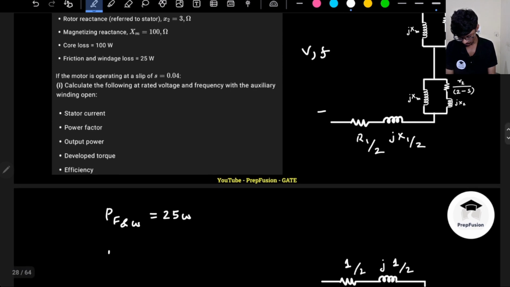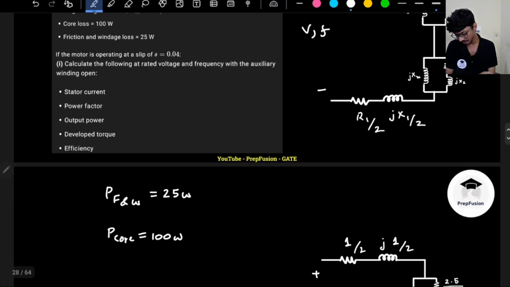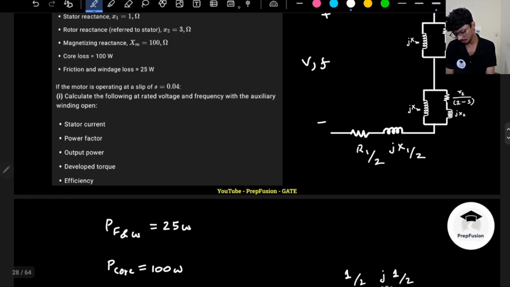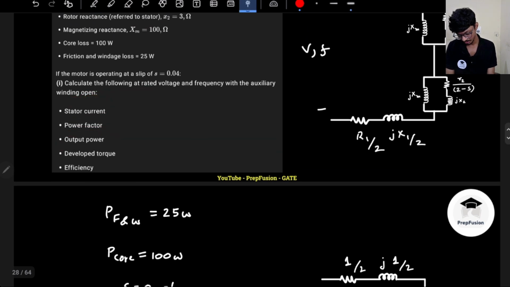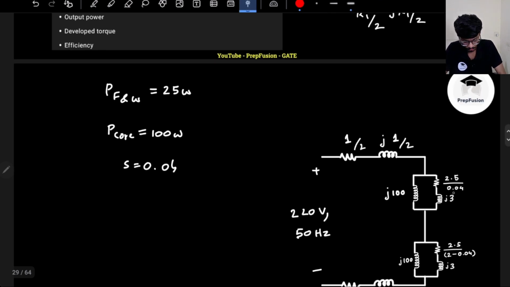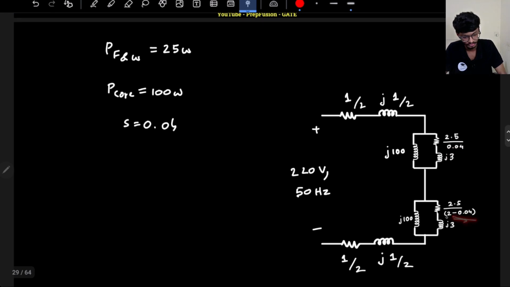And core loss, you will see core loss is considerably higher due to higher frequency noise, 100 watts. So they are telling me the motor is operating at a slip s equals 0.04. Now calculate the following parameters. Stator current, so I have to calculate the stator current. So s equals 0.05, that's why I have put here 0.05.